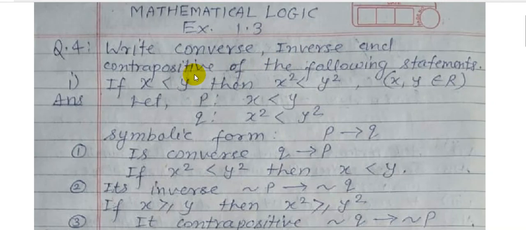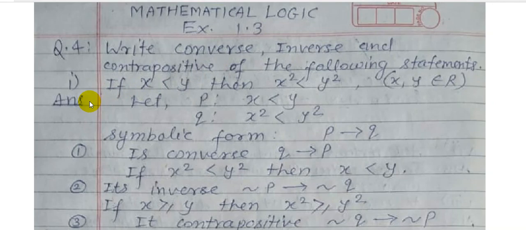So first I'll explain what is converse. For any given statement, if it starts with if, then using if and then, you have to convert it first into symbolic form.